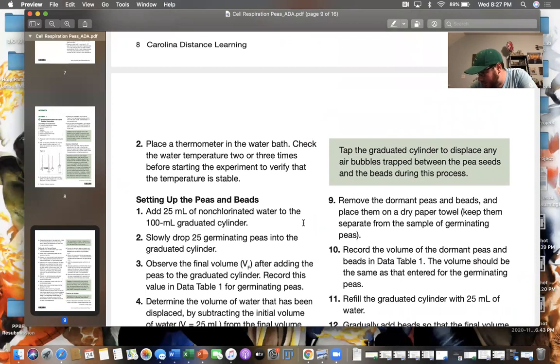I'm right about 25, which is what's considered normal room temperature. So we are good to go. Okay, so I'm just going to put the thermometer away so it doesn't get busted.